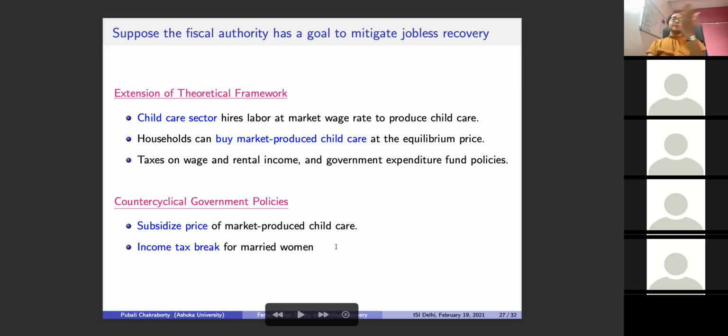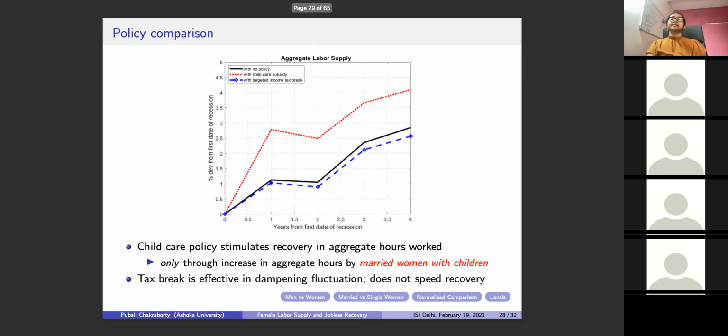When I compare the effectiveness of these policies, as compared to a case with no policy, I find that the income tax break, which is essentially like narrowing the gender wage gap, really doesn't do much. However, the childcare subsidy helps to stimulate the recovery in terms of aggregate hours worked.